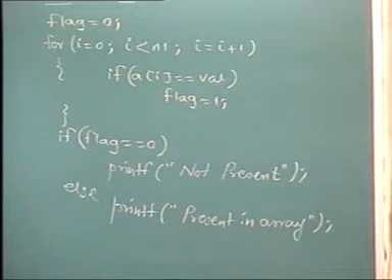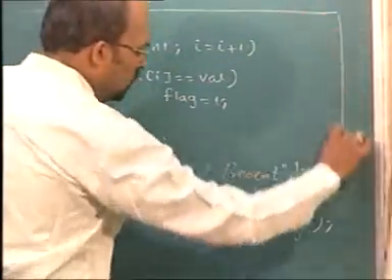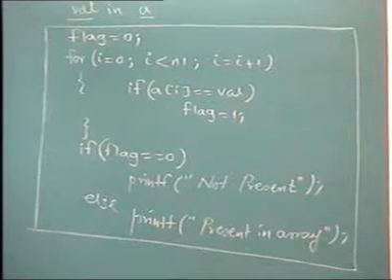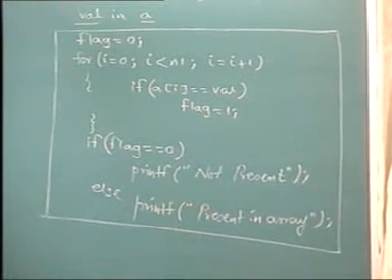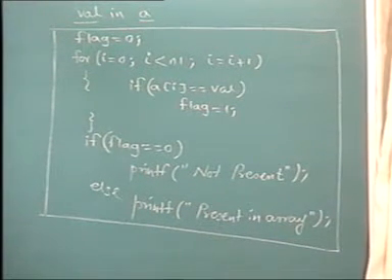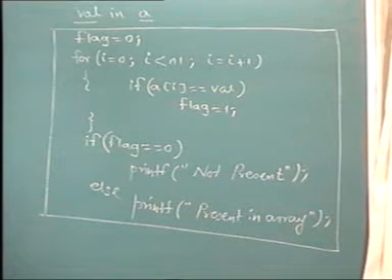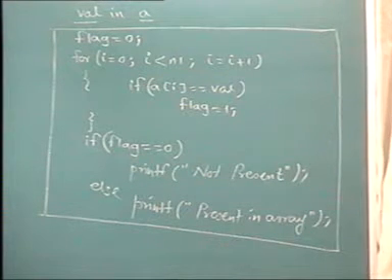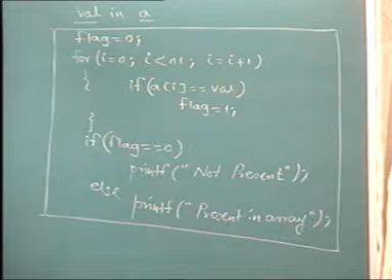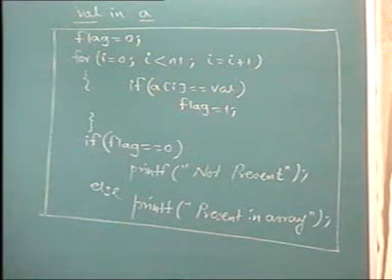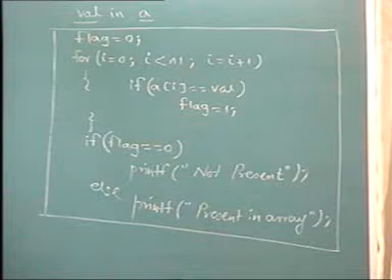Has everyone understood this? So this was the piece of code which will search for a value in array A. But if I ask you what is the position, if yes, what is the position?